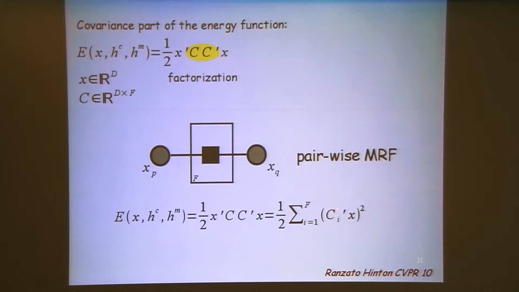So you can interpret that each column of matrix C is a filter that you apply to the image. And now each filter output will give a contribution to your overall energy function. And so this can be drawn as a factor graph where you have F factors. You have an energy function that is a sum of F terms.